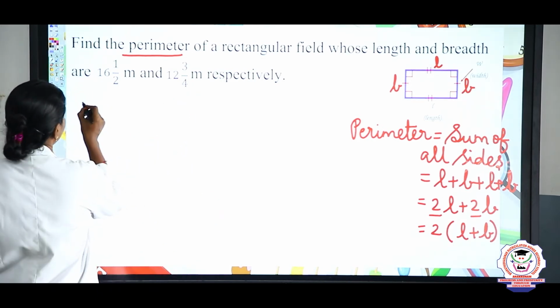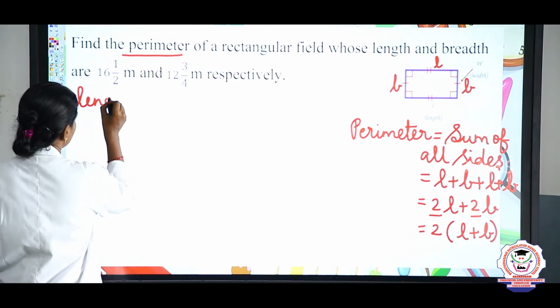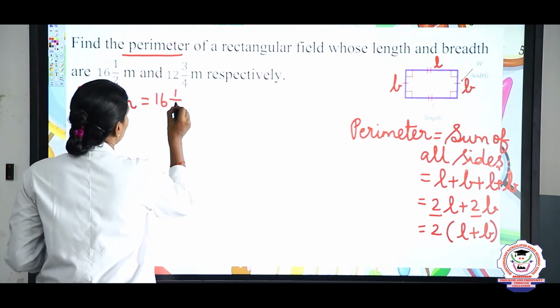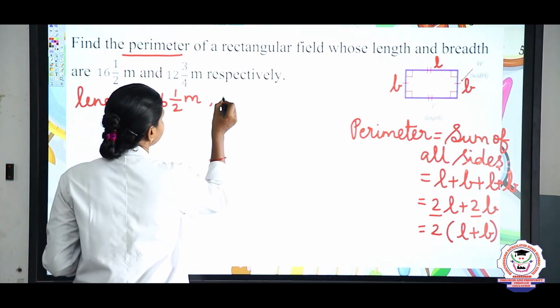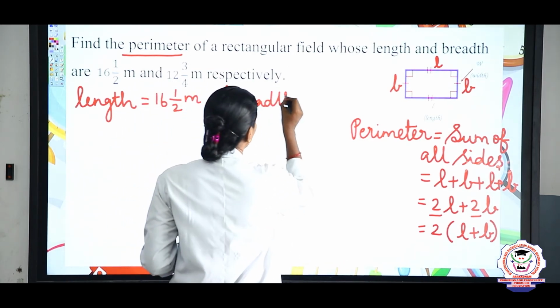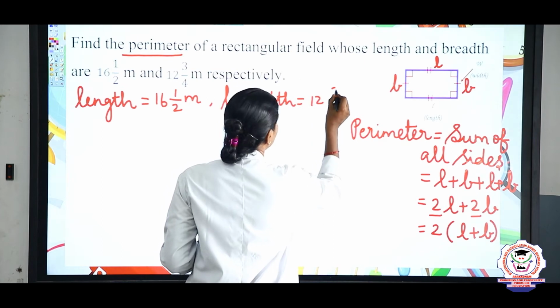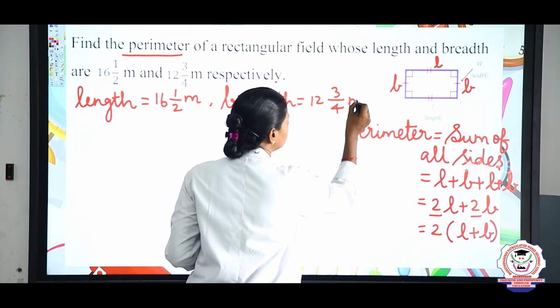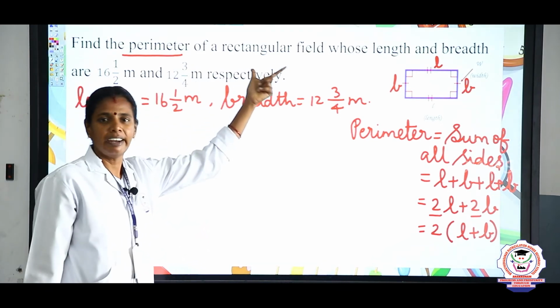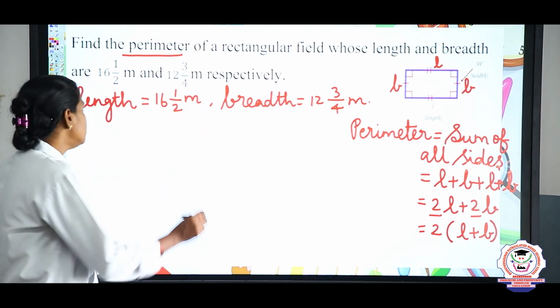See what is given. First, length and breadth: length equal to 16 1 by 2 meter and breadth equal to 12 3 by 4 meter, and we are going to find the perimeter of the rectangular field. Okay children, right?